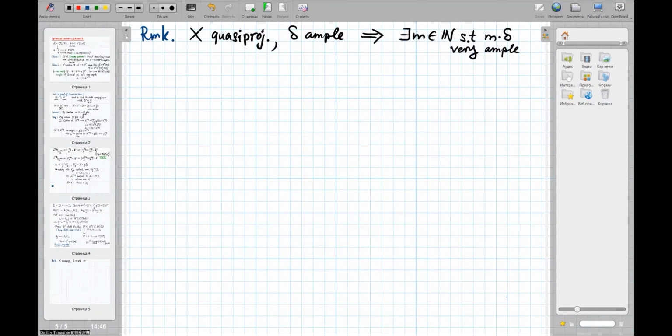But the advantage of replacing delta by a multiple is that for the respective line bundle O of m delta, which is O of delta to the tensor power m, we can choose m big enough to get this line bundle to be G-linearizable. This means that you can lift the action of G itself, not of G prime, but of G itself to this line bundle.